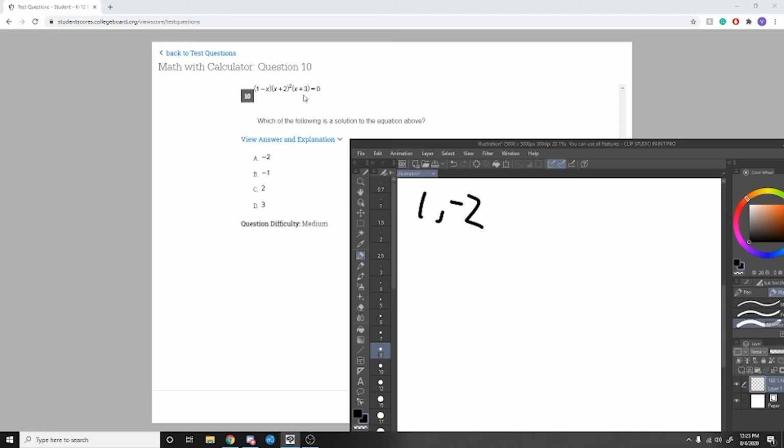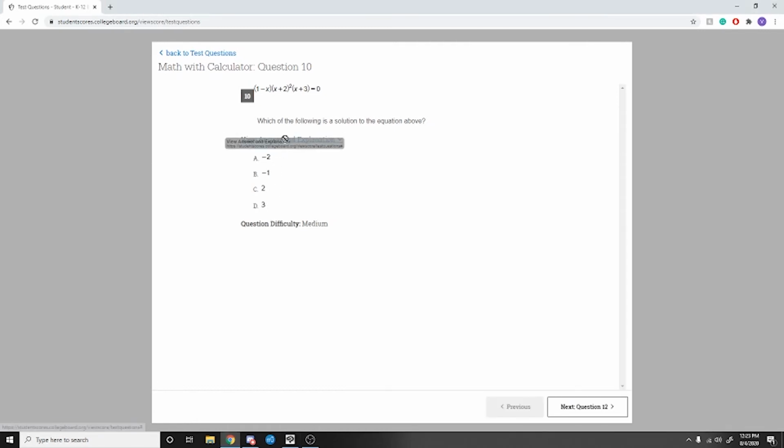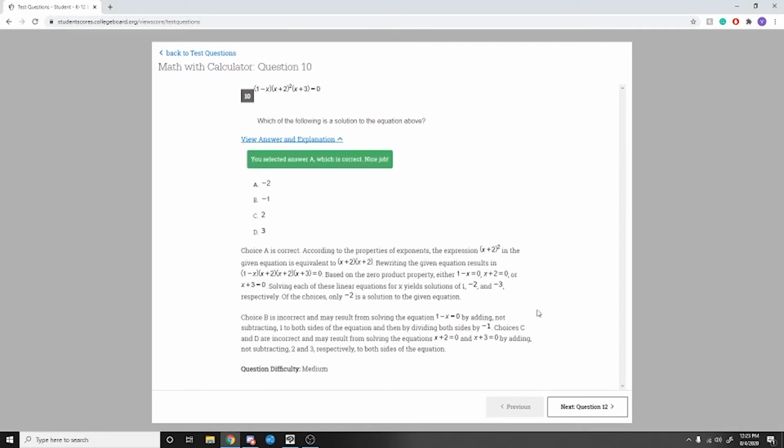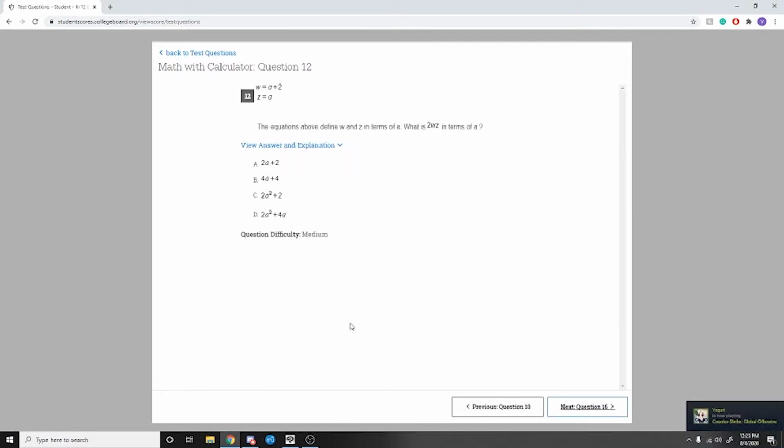Third one, if you plug in -3, that would be 0, because -3 plus 3 is 0. So we got the values of 1, -2, and -3. Let's see. And we see that -2 is A. The rest are not shown, so the answer is A. Yep, answer A. Next one.